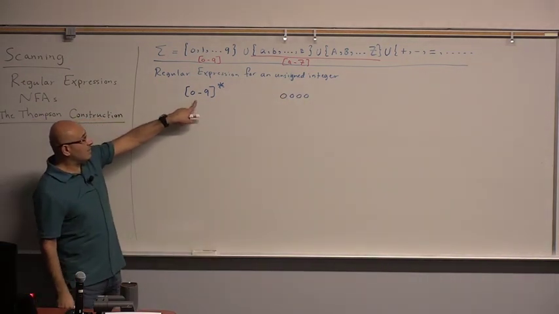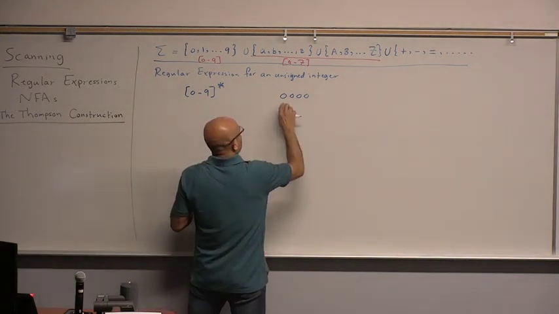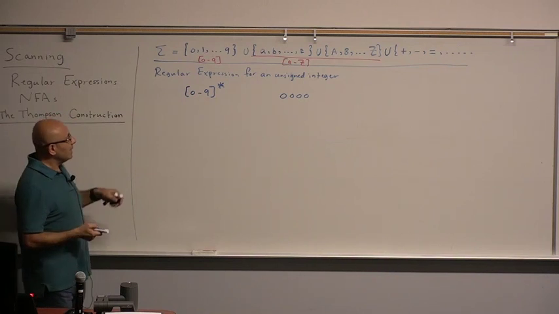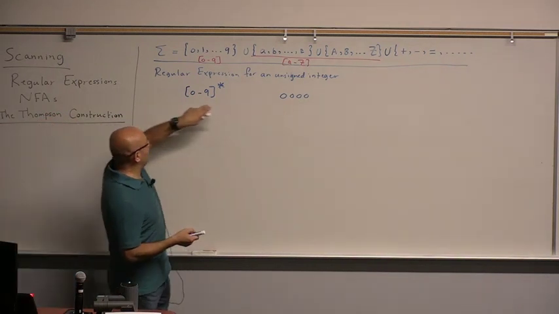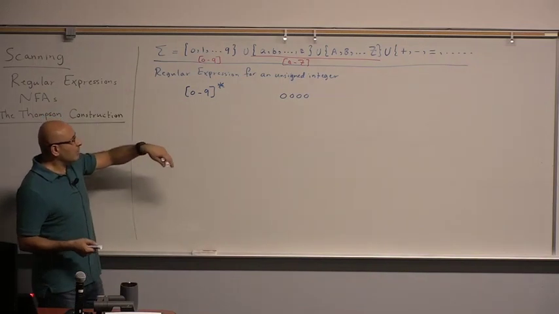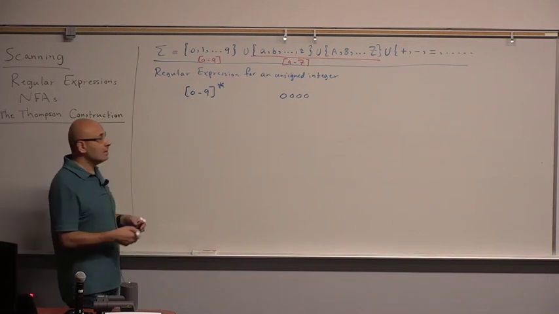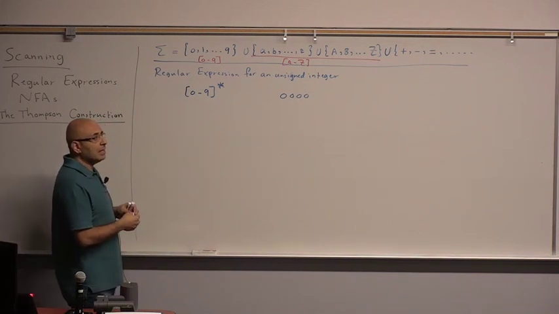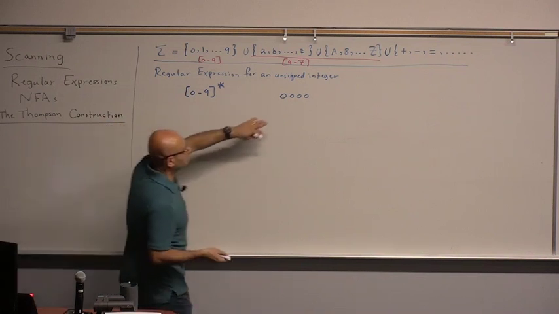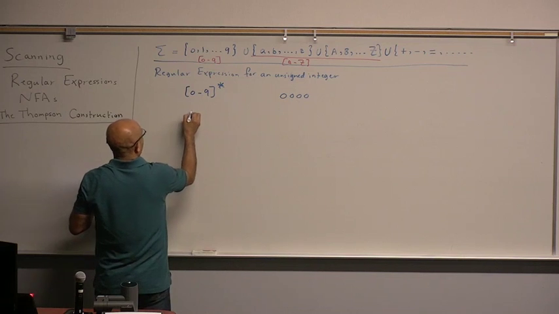So this will be an acceptable string that belongs to this language, right? To avoid leading zeros, you would limit the first character. So the first character has to be a non-zero. So you can do it like 1 to 9.